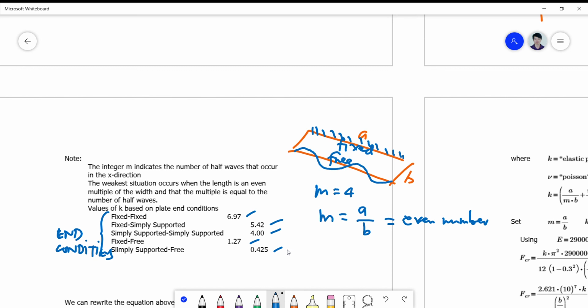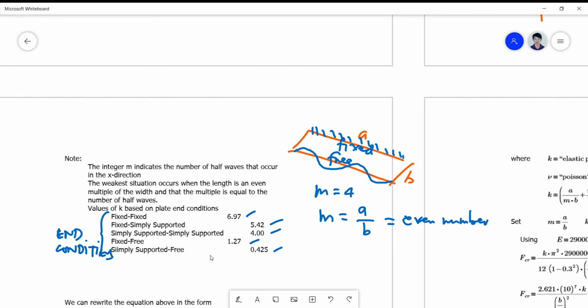Okay, so for the most critical, of course, we have the simply supported free. For the most, shall I say, conservative, we have this, the fixed scenario.